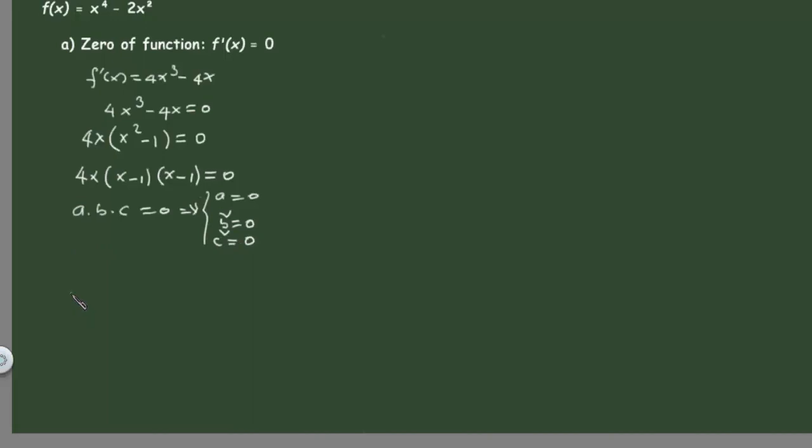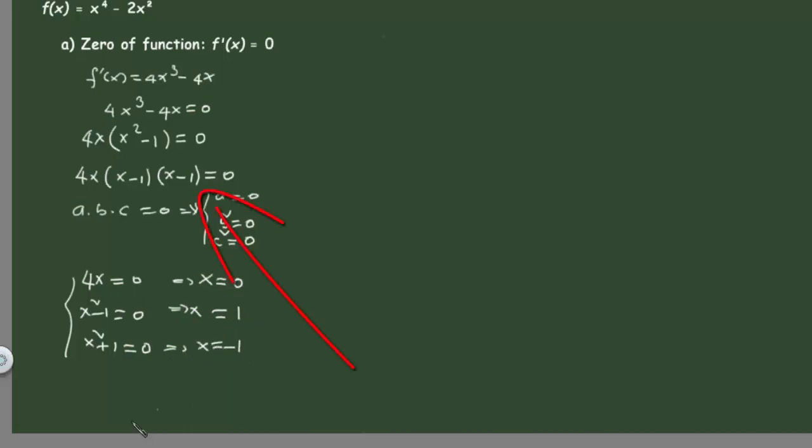So we're going to have 4x equals 0 or x minus 1 equals 0 or x plus 1 equals 0. If one of the three is equal to 0, the whole thing is going to be equal to 0. So for the first one, x equals 0, then x equals 1, and the last one gives us x equals minus 1.